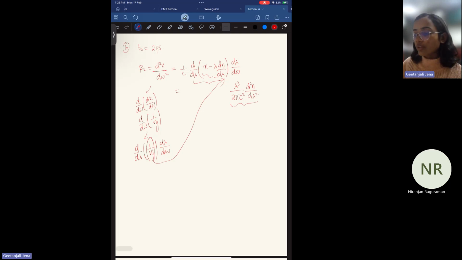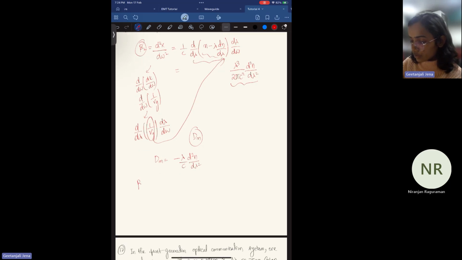So this is the expression for the group velocity dispersion coefficient. One thing we know in the question is dm, which we have already calculated. So if we somehow relate beta 2 with dm, then we can easily find the group velocity dispersion coefficient for this case. If you recall, dm is minus lambda by c d square n over d lambda square. Now if you divide beta 2 over dm, what will you get?